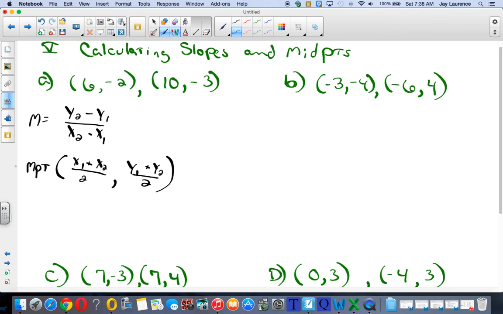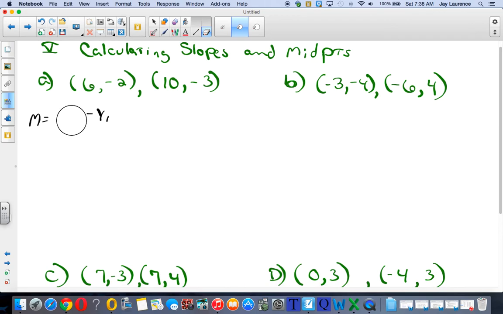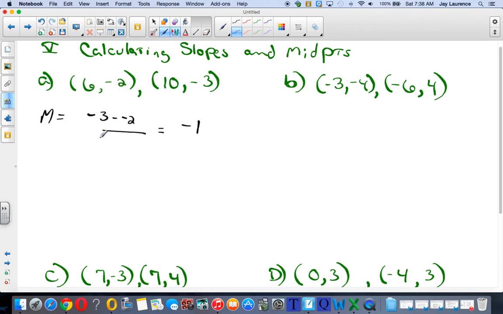All right, I'm going to get rid of those because they're in my way, but you should know those formulas very well by now. Okay, so let's find the slope. We're going to subtract the y's, and so I'm going to go -3 minus -2, which ends up being -1. And then I'm going to subtract my x's, 10 minus 6, which is 4.